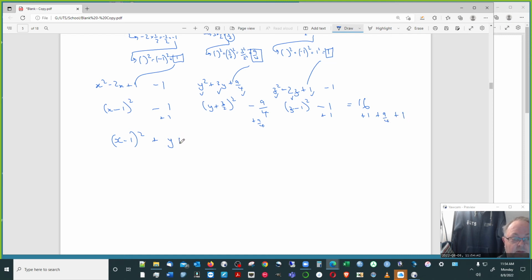So we've got y plus 1.5, z minus 1, equals all of this, 16, 17, 18, 18 plus 9 on 4. So in order to get that to work, being the annoying long way teacher, we've got to get 18 on 4.